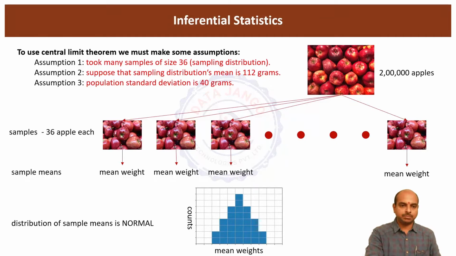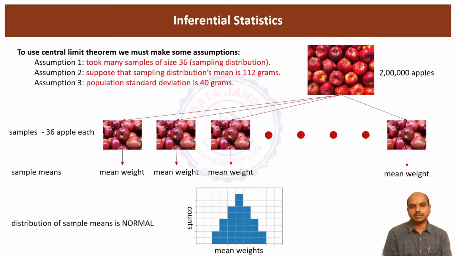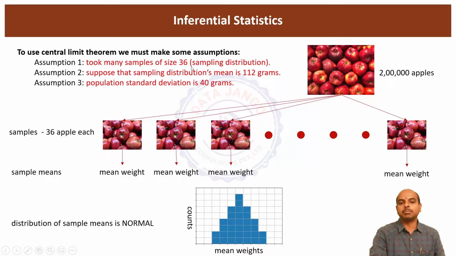To use the central limit theorem, we need to make some assumptions. Let us assume that we took many samples of 36 apples from the 200,000 apple population. The second assumption is that the mean of all the sampling distributions is 112 grams.